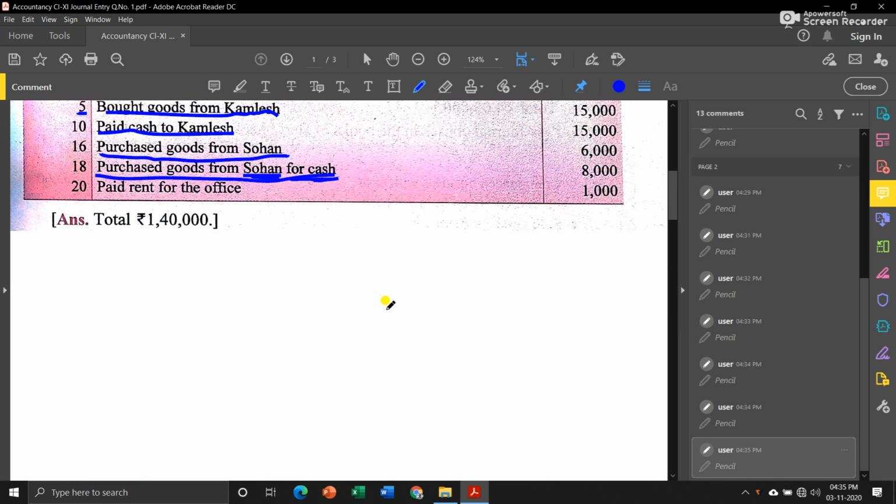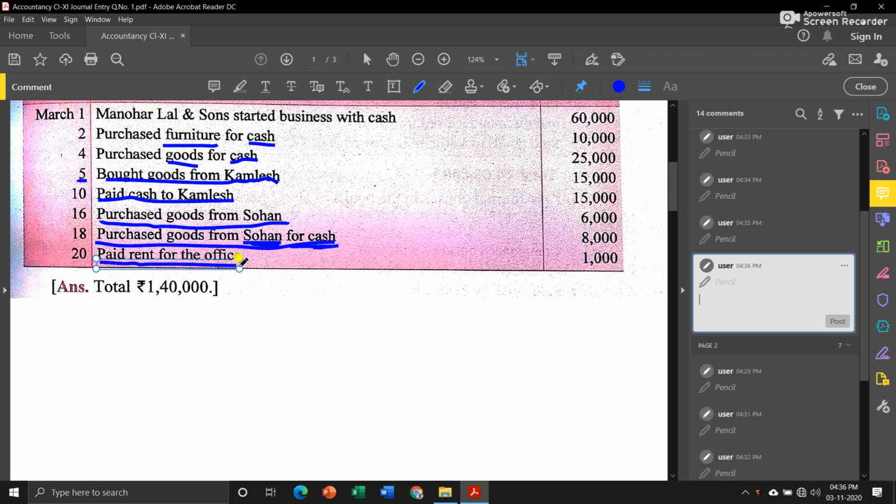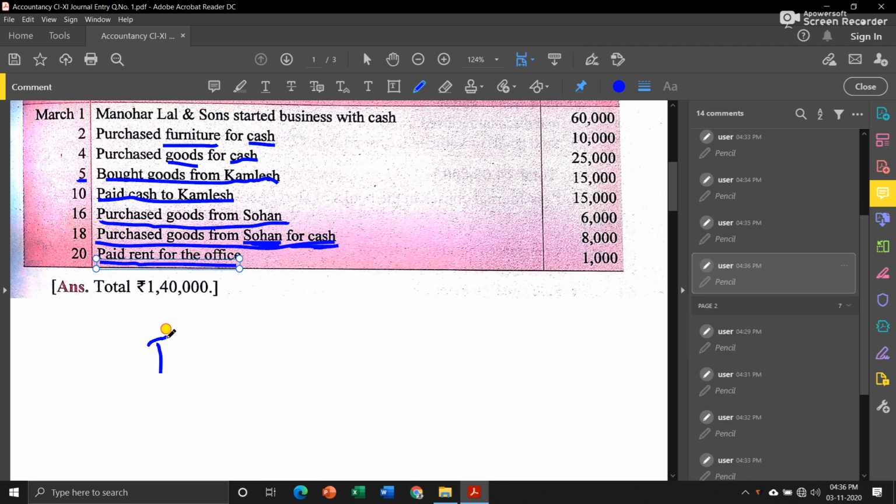Now let us see the next transaction, our last transaction, paid rent for the office. That means rent was paid for office in cash. They haven't mentioned cash, but still we have to consider, since it is an expense, it will be in cash. So the two types of accounts involved in this transaction are, one is rent account and second is cash account.